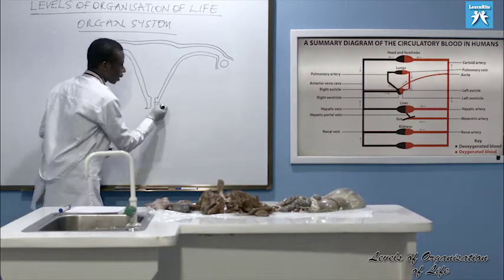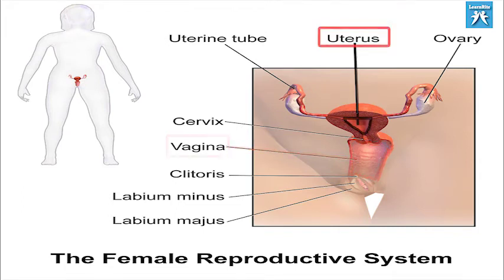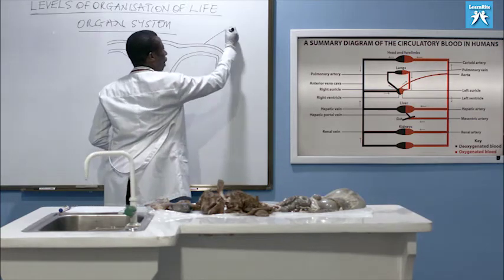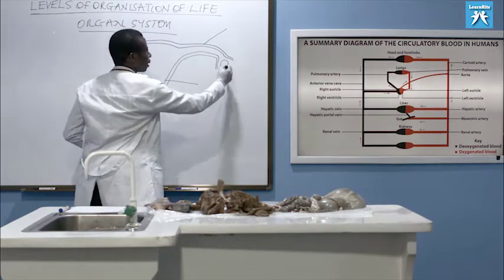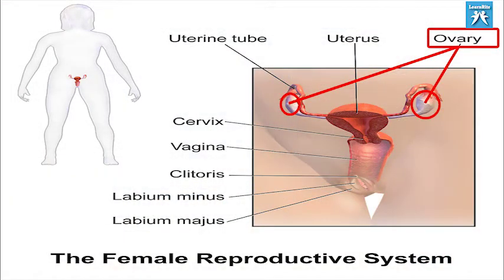This is a vagina. It's an organ on its own. This is a uterus. It's an organ on its own. This fallopian tube is an organ on its own. This is the ovary, an organ on its own. So this is an organ system.